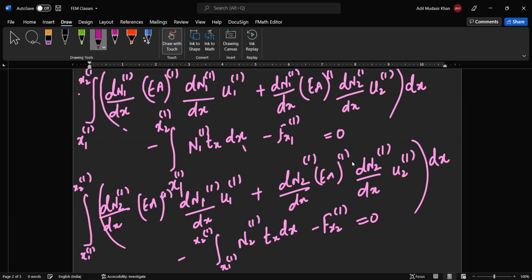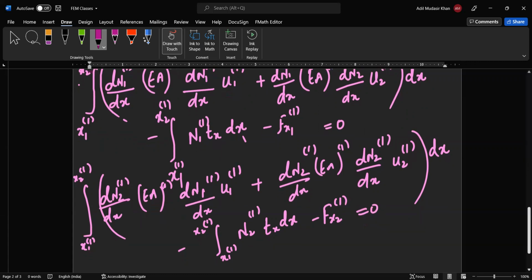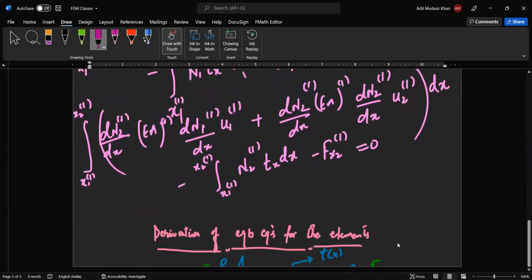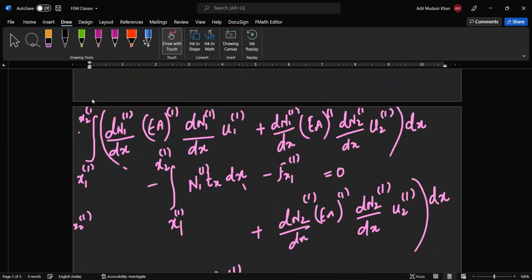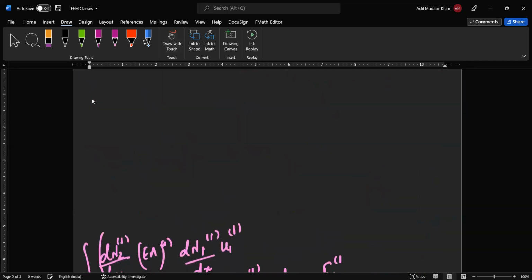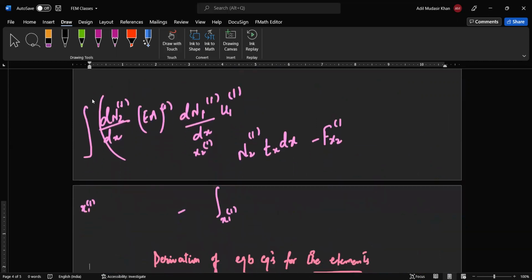Now these two equations we can further write in a very simplified form. We can write both these equations in the simplified form now. Let me slide them over here.